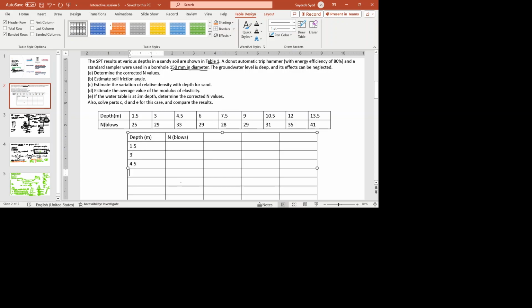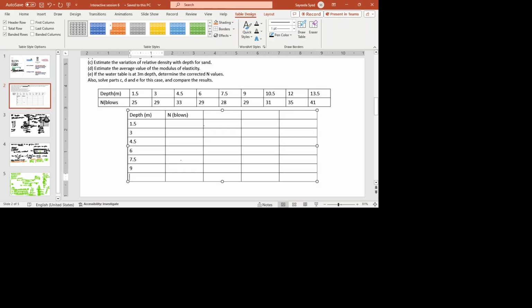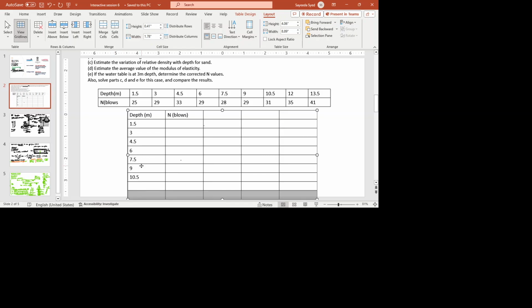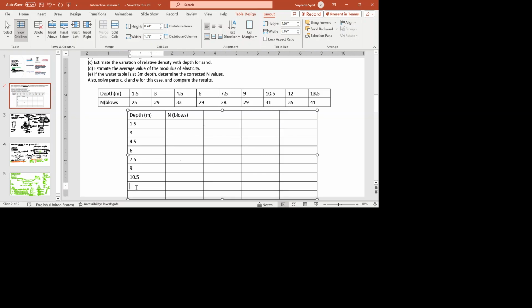As you can see that the SPT sample is being taken at every 1.5 meters. So don't confuse, sometimes students confuse the 300 mm to almost 300 centimeters, but be careful about the units.